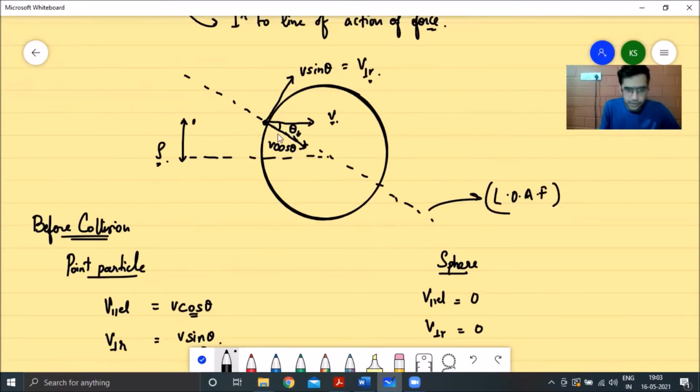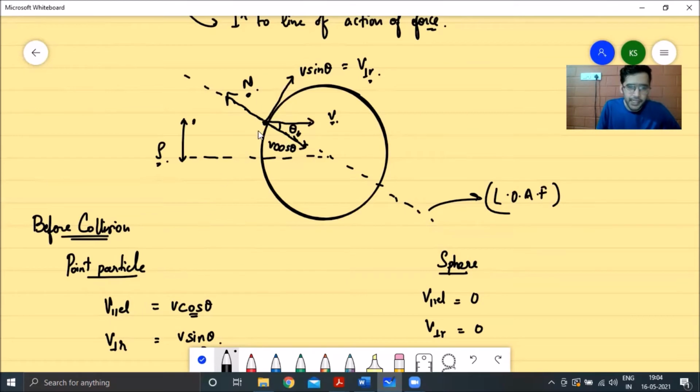Is there any force? This particle was experiencing a force in which direction? This particle is experiencing a force this way. The sphere was exerting a force on this particle along the radial direction, in this case the outward radial direction, right? So is there any force acting on this particle along this direction? No, there's no force acting on the particle along this direction.